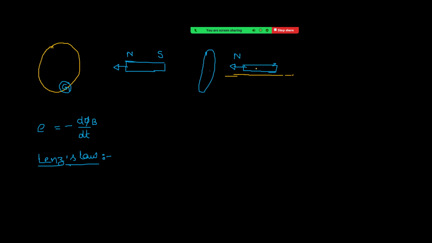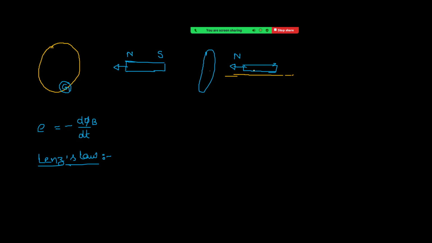So here what we have done is just push it, meaning we have just given some kinetic energy to the magnet. But now, if this acts as a south pole, because of attraction its speed keeps on increasing, which means its kinetic energy keeps on increasing.